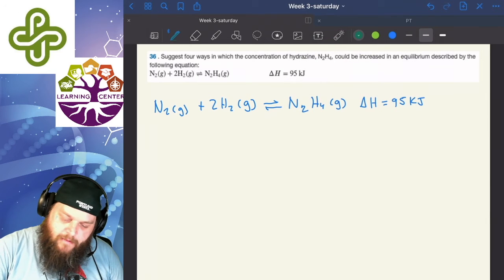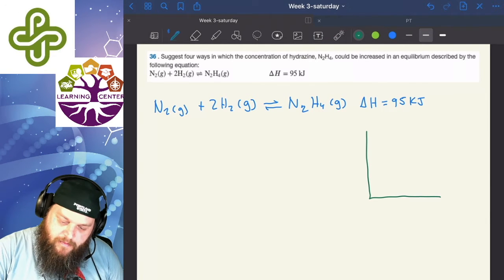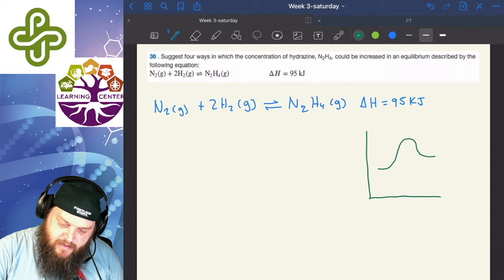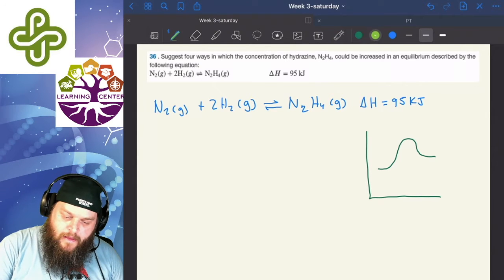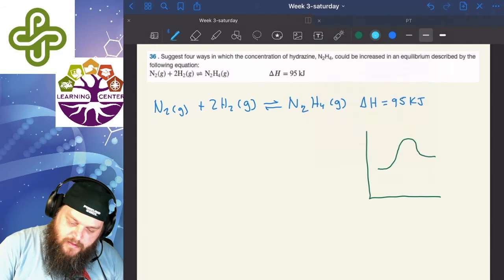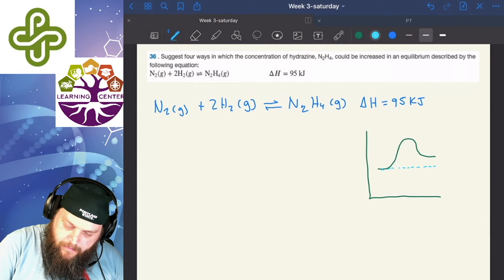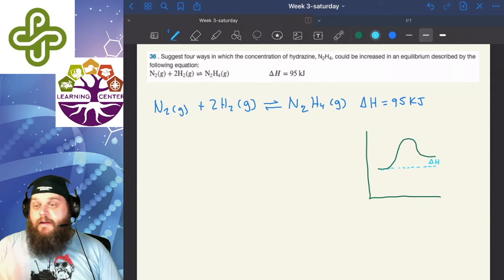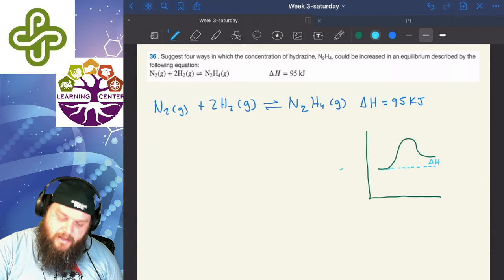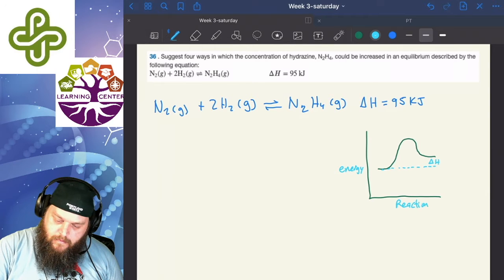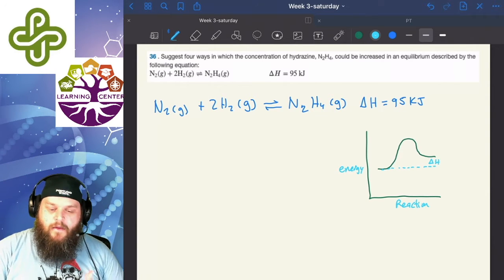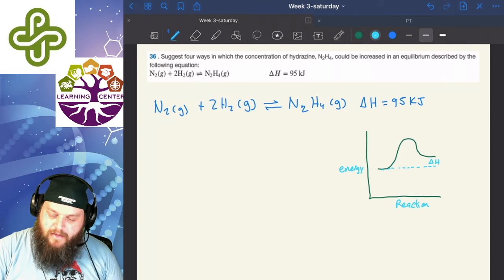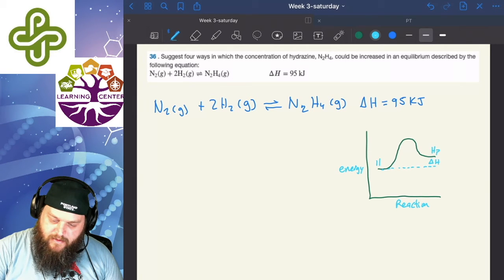So if we remember, if I were to graph its energy level, in this case, something along the lines of that, and I were to kind of plot the difference here between those is my delta H. Well, this is energy, and this is the reaction process, essentially going across the bottom. So the delta H is going to be the H of the products minus H of the reactants.